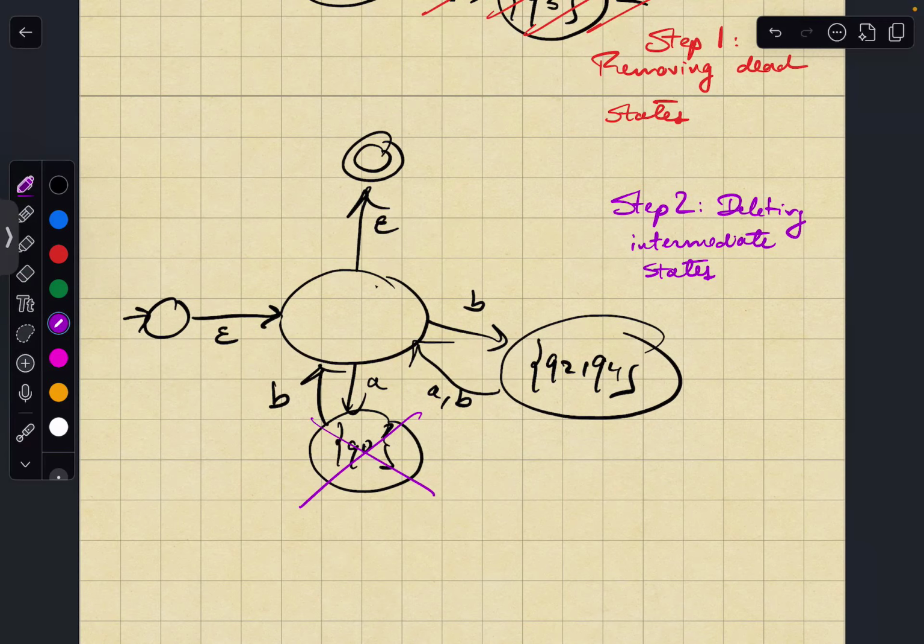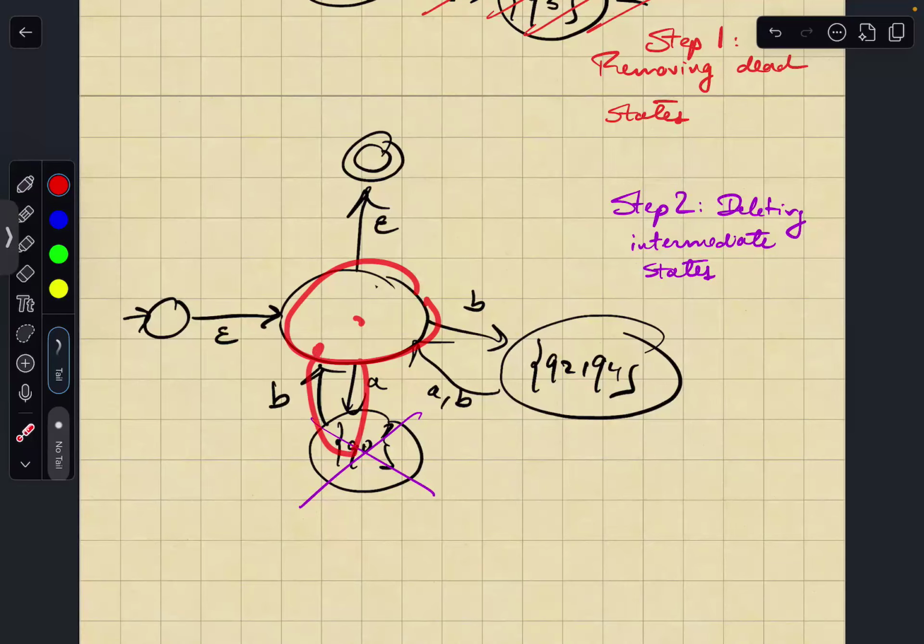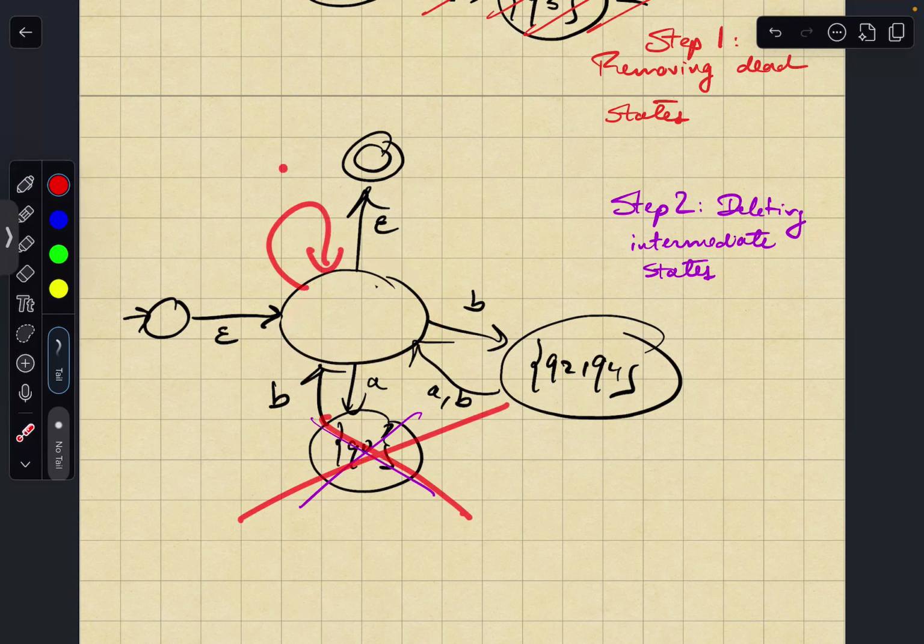So if I want to delete Q0, then I have to preserve the logic that it allowed. Well, what does Q0 allow? It allowed me to go from this giant state to Q0 and back to it. So that means that if I'm removing this, then I have to create a self loop with AB as the transition, because I can use Q0 to loop back to myself.